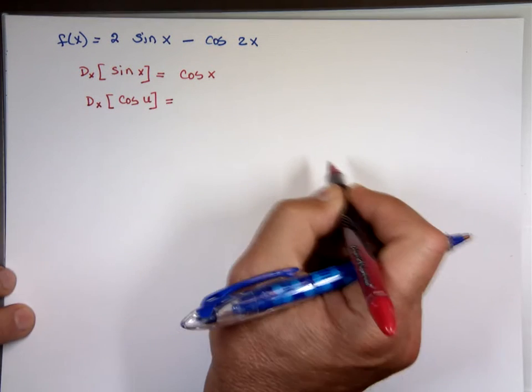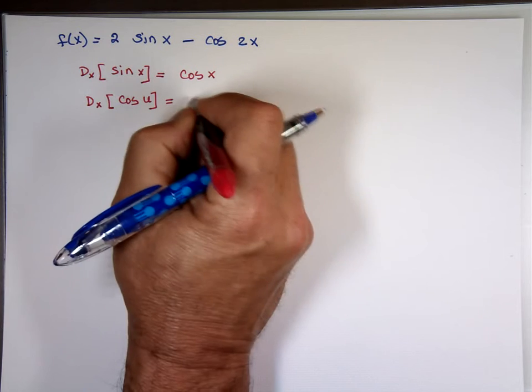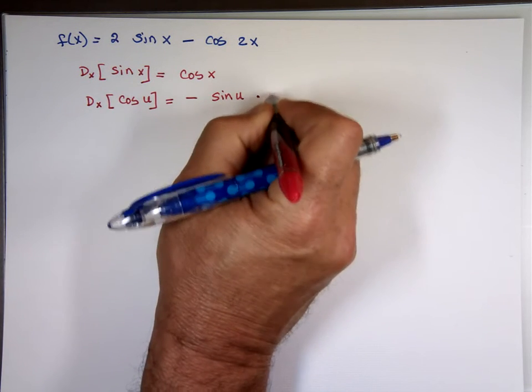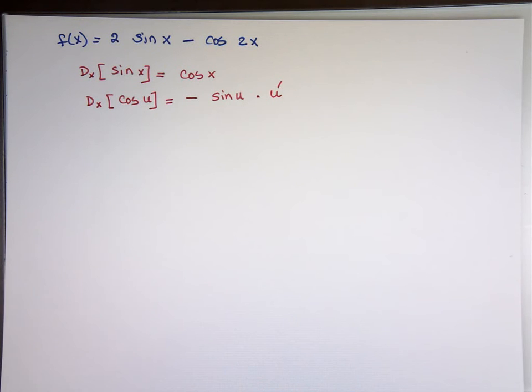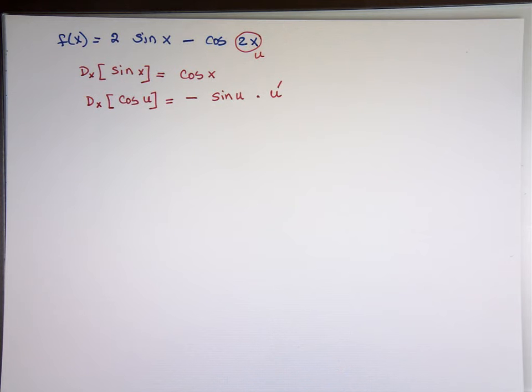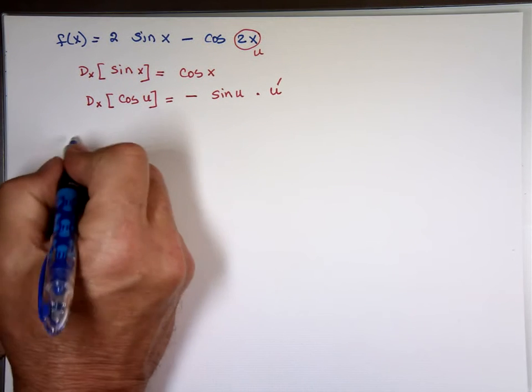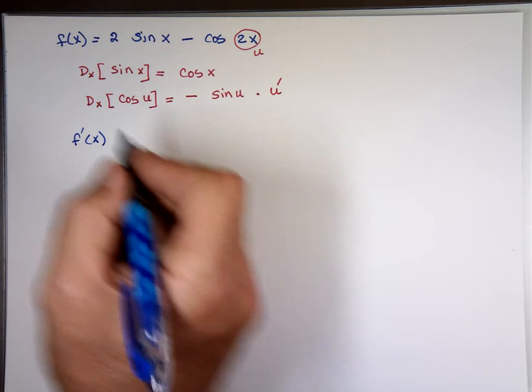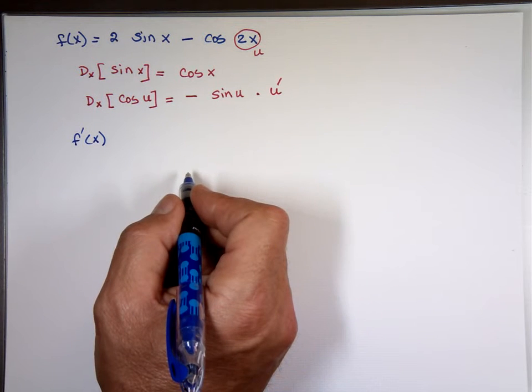What's the derivative of cosine of u? Is negative sine u times what? Times u prime. This is my u here. So the derivative of this function, what's my limit from where to where? 0 to 2 pi.